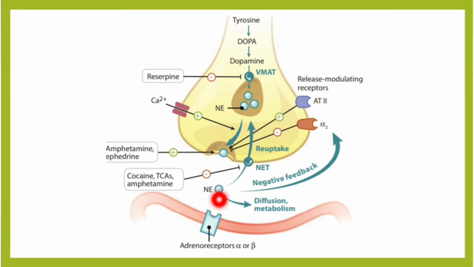If it is high here, it can act on alpha 2 on the presynaptic membrane, inhibiting the release. You can see angiotensin 2 stimulating the release of norepinephrine. Fusion of the synaptic vesicle with the presynaptic membrane is enhanced by the presence of calcium. And reserpine inhibits the entrance of dopamine into the synaptic vesicle. It inhibits the VMAT.